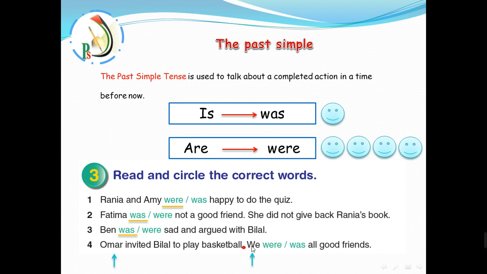With we, this is the subject of this verb. And this subject invited is its verb. So we will leave the first sentence. We were or was all good friends. This is our sentence. And because we is a plural pronoun, so we will use were. We were. We know that we and they are subject pronouns. We use them with plural subjects.